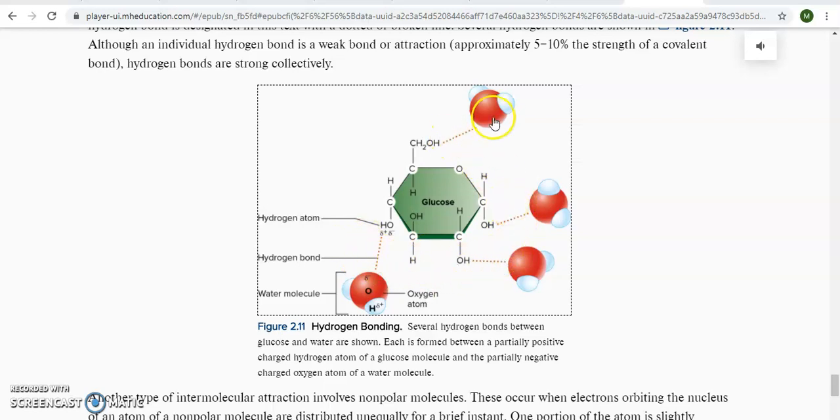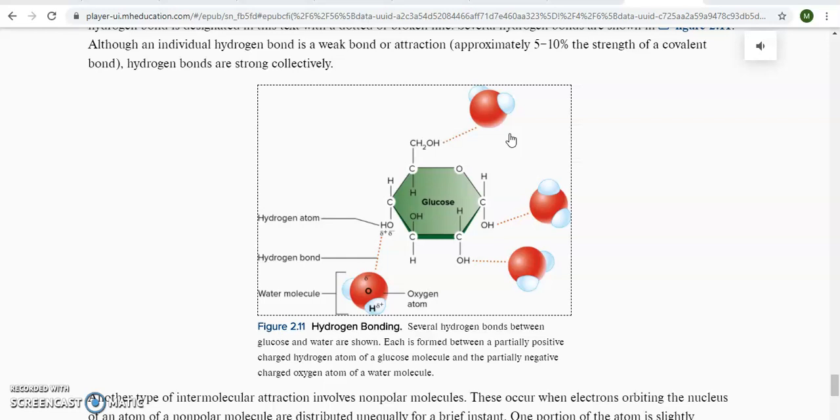By themselves, not so strong. That attraction can be broken pretty easily. But if we have a lot of hydrogen bonds between polar molecules, collectively they're pretty strong.